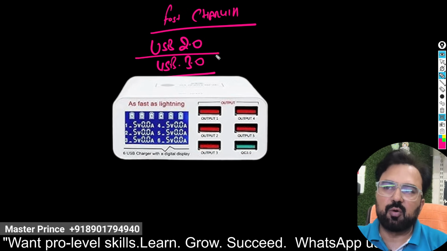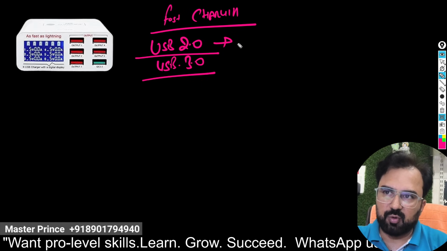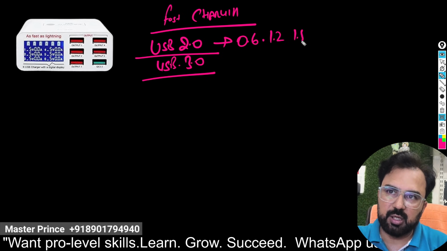When you connect a normal phone on the USB 2.0 port, it starts with 0.6, a similar pattern, 1.2, 1.8, 2.0. This kind of scenario.